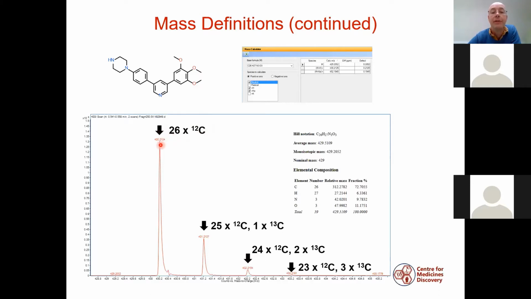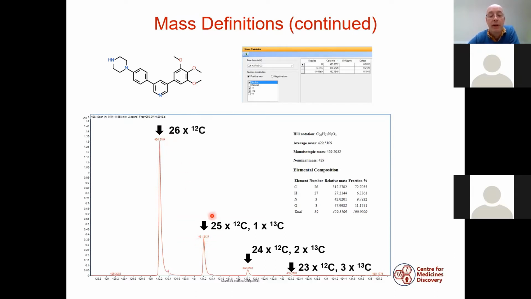In this mass, note that we don't see the monoisotopic mass. We will see the mass of the ion, so this is MH plus, which is 1 atomic mass unit heavier than our monoisotopic mass. And this arises because we have 26 carbon atoms and all of them are carbon-12.